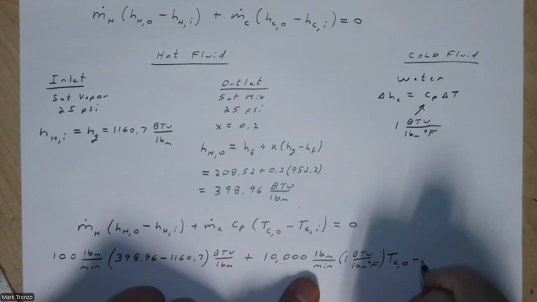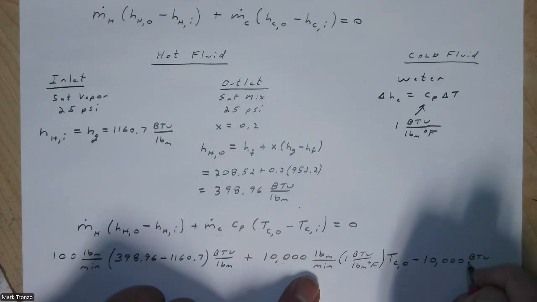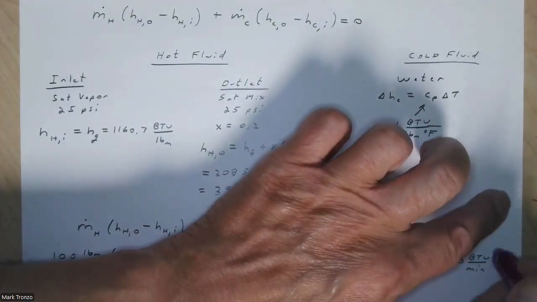And so we'll end up with minus 10,000 BTUs per minute times T cold in, but we know what that is, at 68.